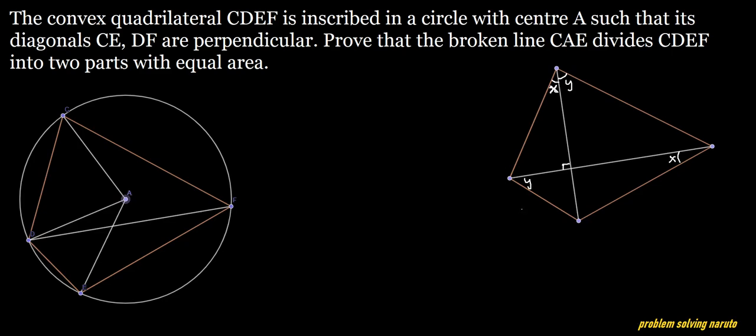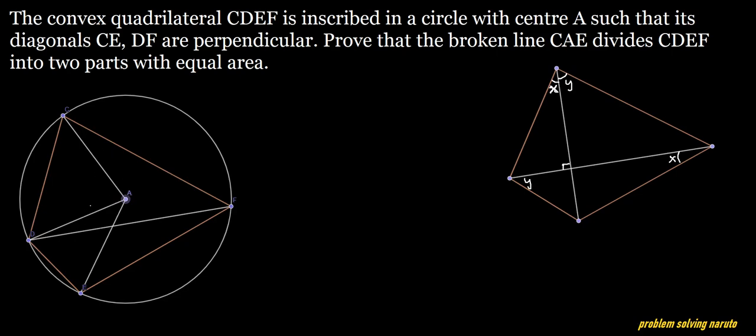So we want to prove that CAE has the same area as CAEF. But let's just calculate the area of CAED. So here I join some lines.